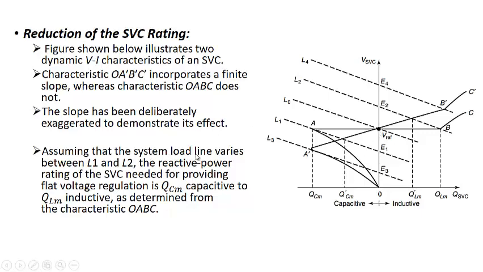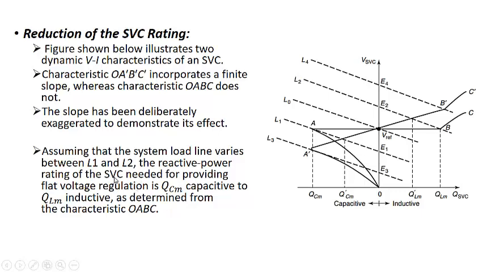So assuming that the system load line varies between line 1 and line 2, that is system 1 and system 2, whose voltage varies like this because of this current or because of the reactive power.